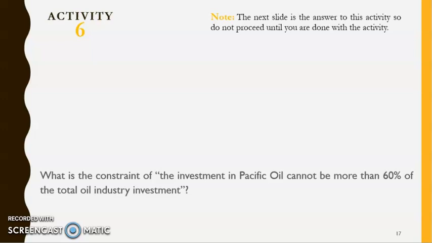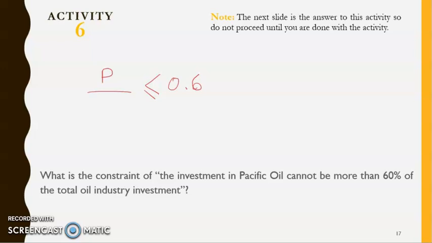It says the investment in Pacific Oil. And since it's a balance constraint, the investment in Pacific Oil cannot be more than 60%. When it says cannot be more than something, it is equal or smaller.